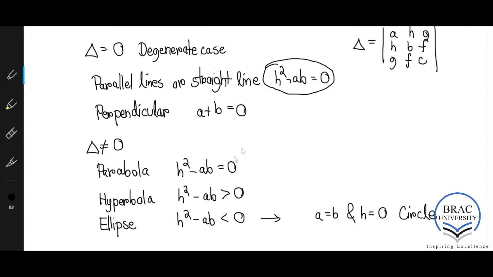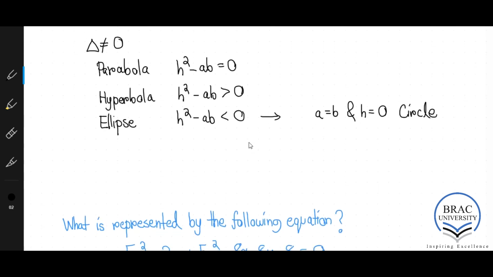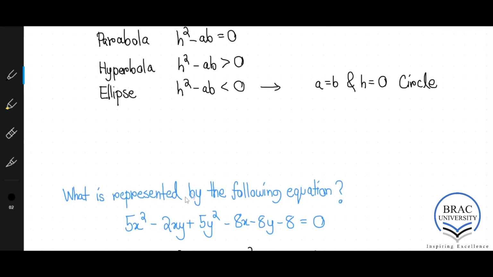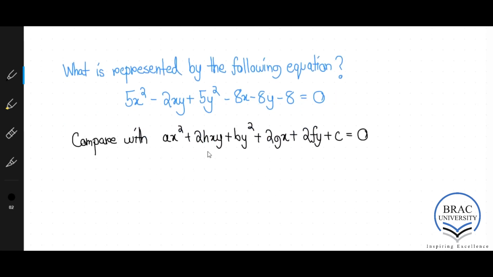So now that you know these conditions, let's look at an example. Let's say we have this question that asks us what is represented by this following equation. We have 5x squared minus 2xy plus 5y squared minus 8x minus 8y minus 8 is equal to 0. We must first compare it with our general form of the equation.